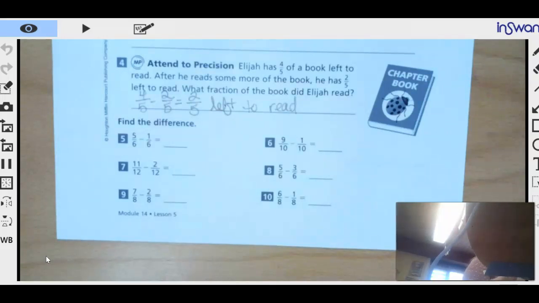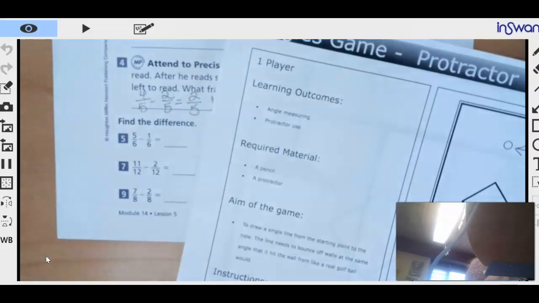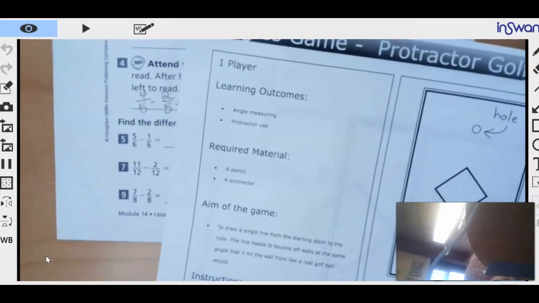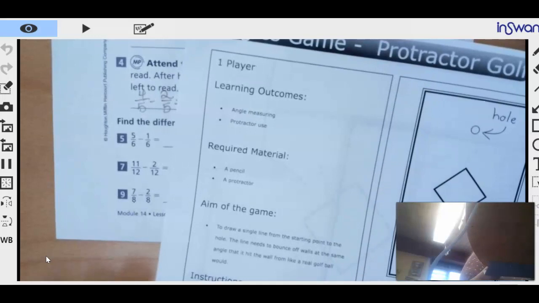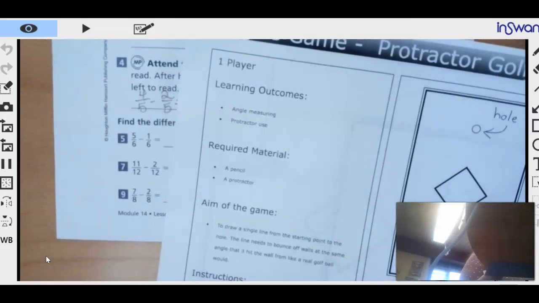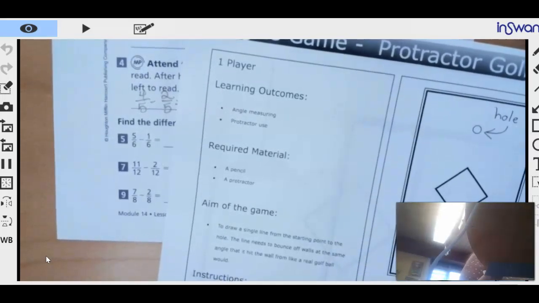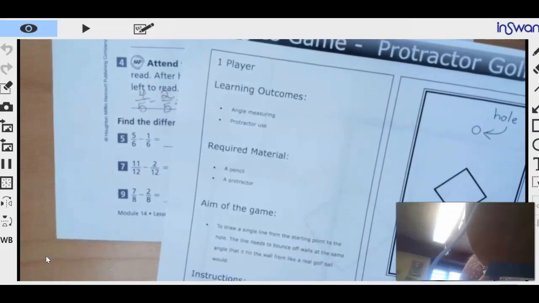Okay. Now let's switch to number 3. Well, you're going to have to estimate which direction and angle you will need to hit the ball to get into the hole. I don't know, this seems like it's a little harder.